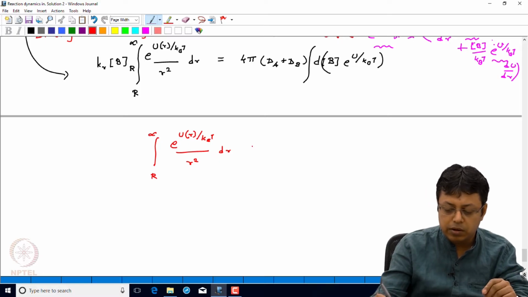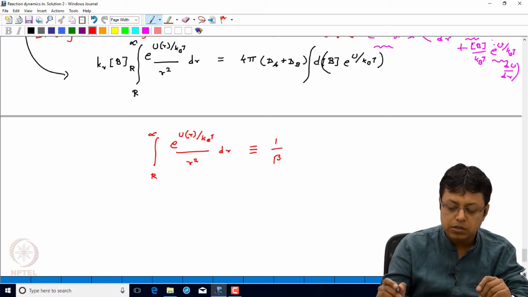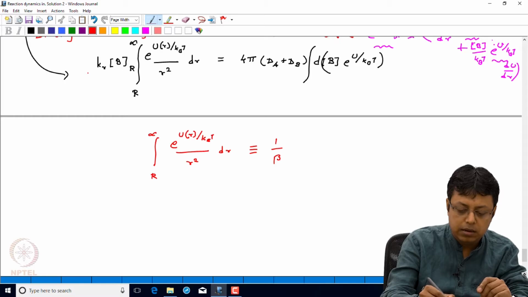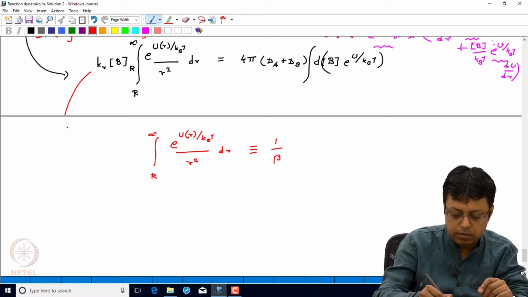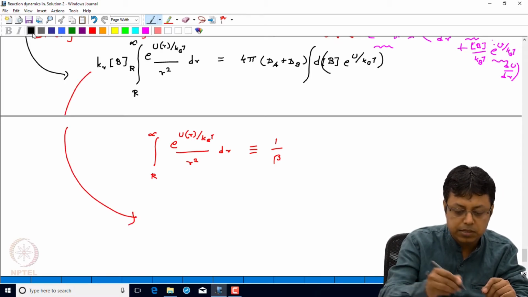So that's why you cannot evaluate it, and I'm just writing it as 1 over beta. So if we use that, then this equation becomes, let me just rewrite it.